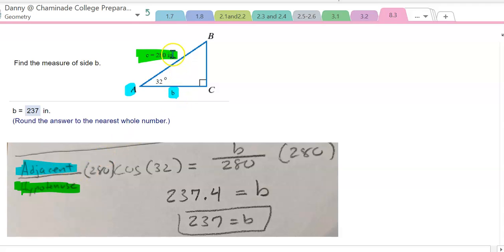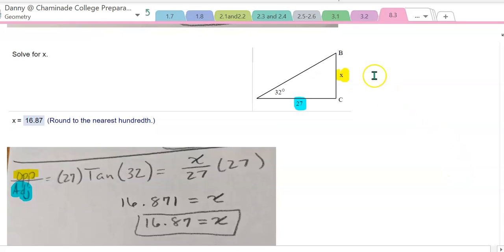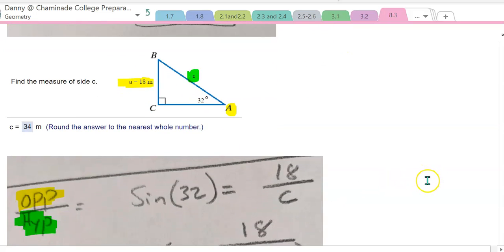I have adjacent and hypotenuse, so I'm using cosine. Cosine of 32 equal to the adjacent over hypotenuse, multiply both sides by 280, and round appropriately. Here we go. I have opposite over adjacent, TOA. That's why I'm using tangent. Multiply both sides by 27 and round appropriately.